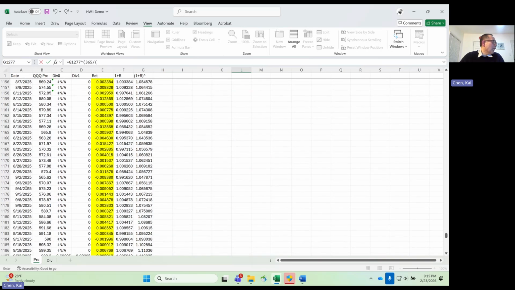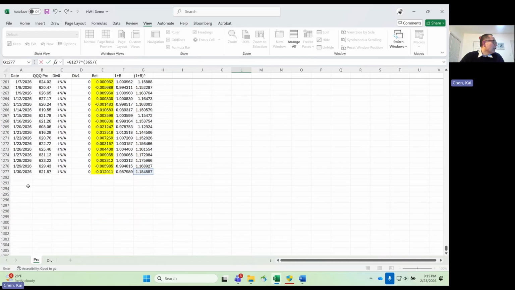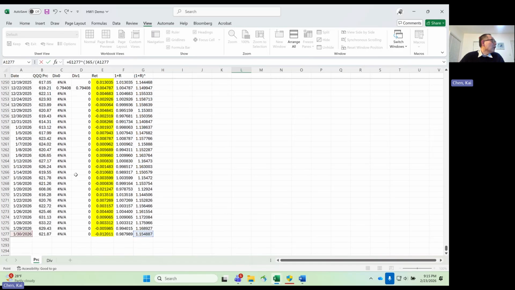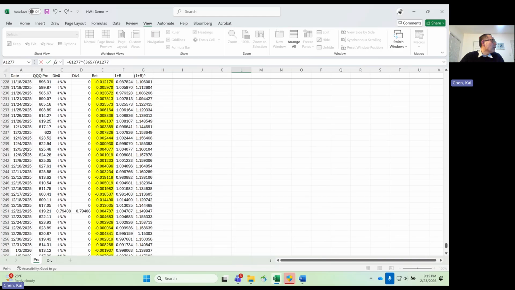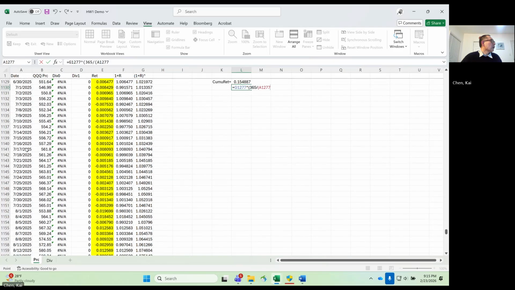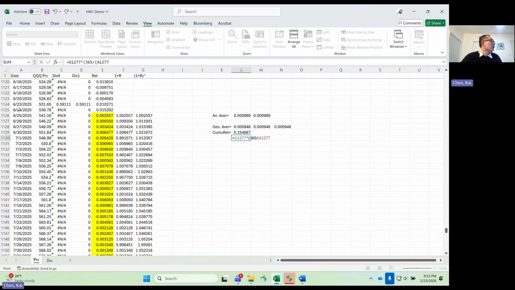Now let's look at the ending day. Ending day is here, right? That is A1277. Then what is the beginning? Minus the day before the beginning day. That should be this one, right?